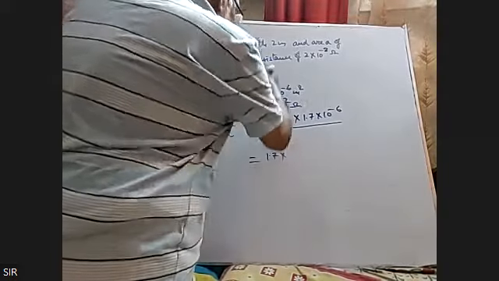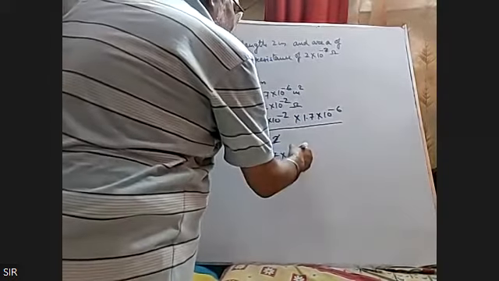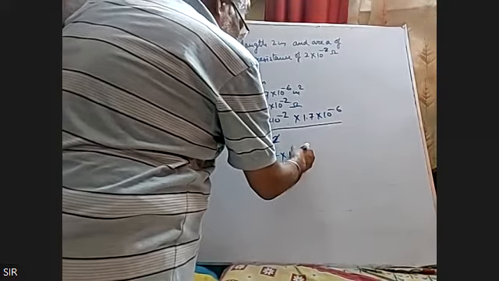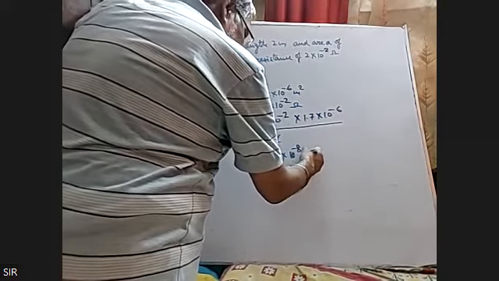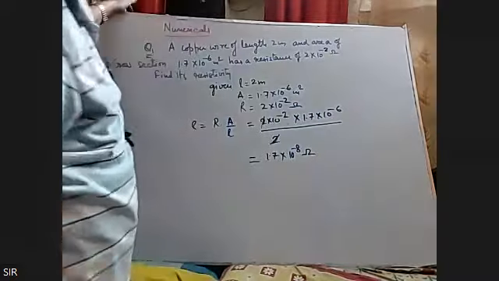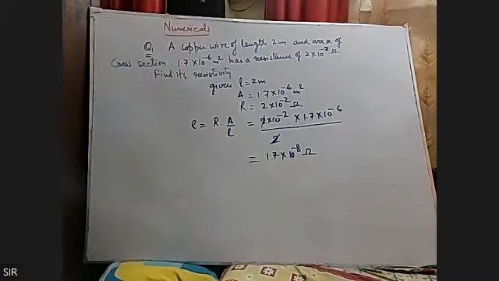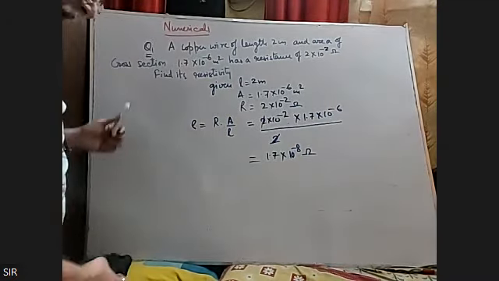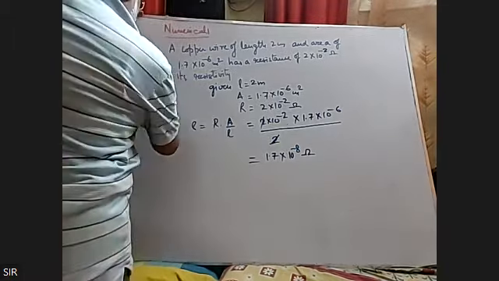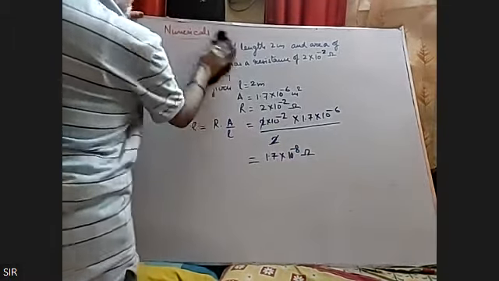I have corrected the question. The correct answer will then be 10 to the power minus 8 ohm meter. No, your answer is right, Gauri. As per the given data, the answer is right. Now go for question number 2.